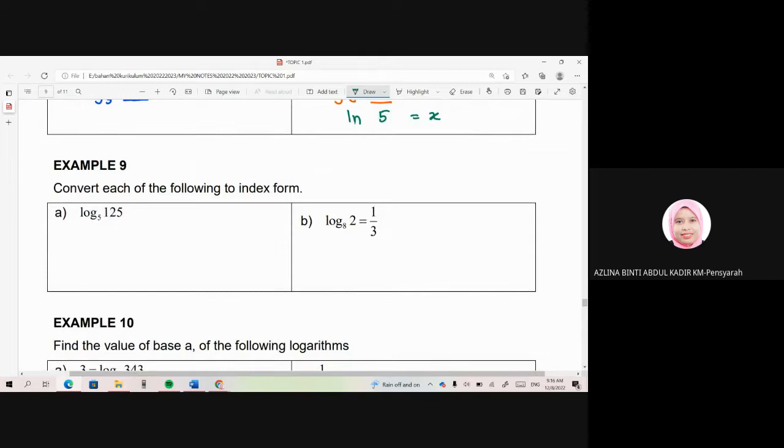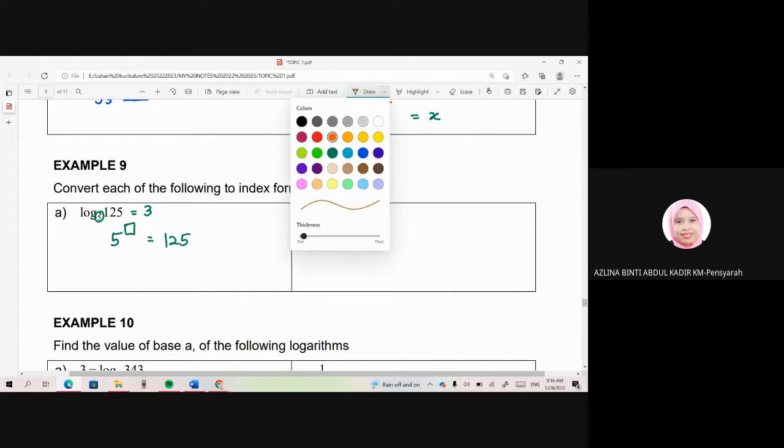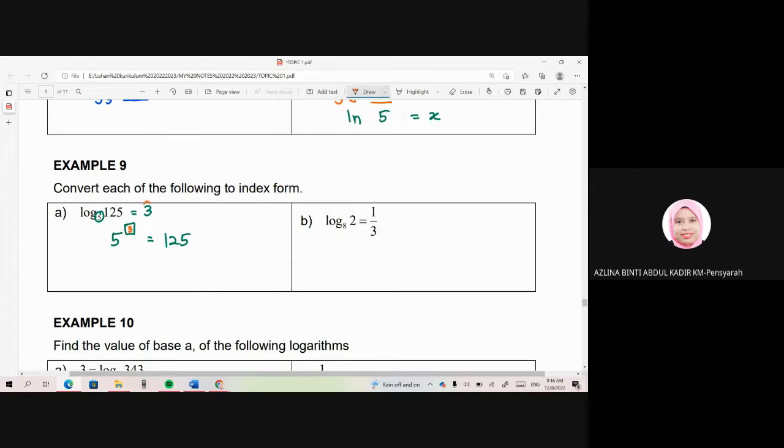Example 9. Convert each of the following to index form. Log 125 base 5 is equals to 3. Here is 3. Change to index. First you check base. Here is base 5. That means 5. The index is 3, equals to 125.